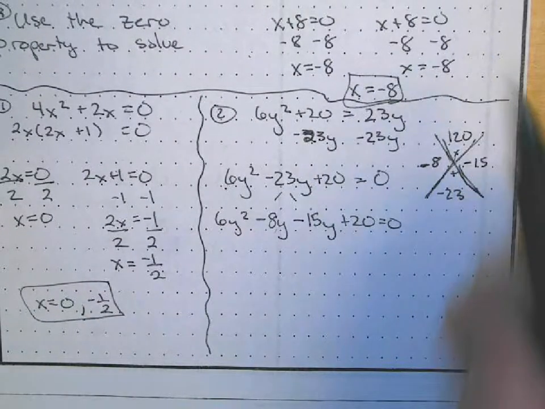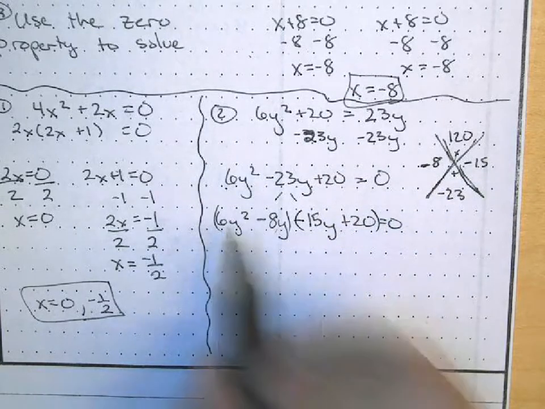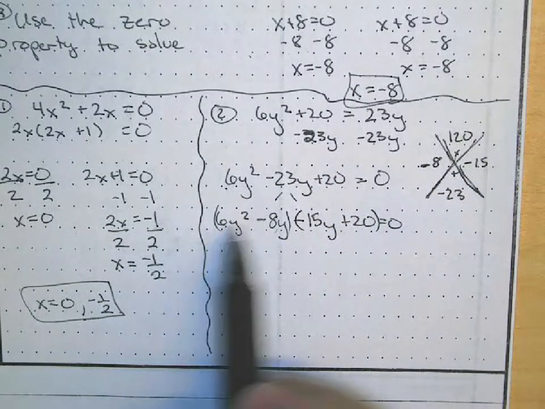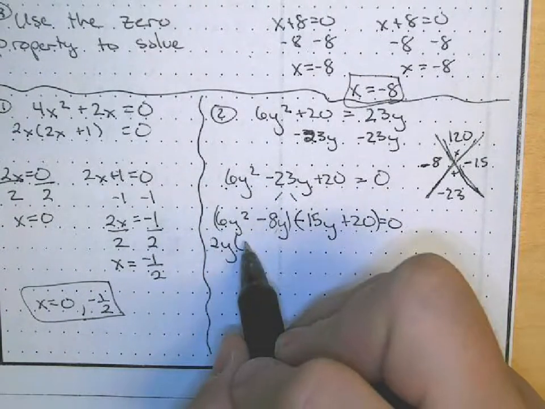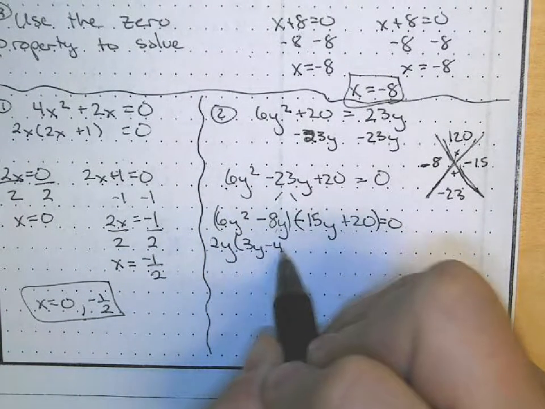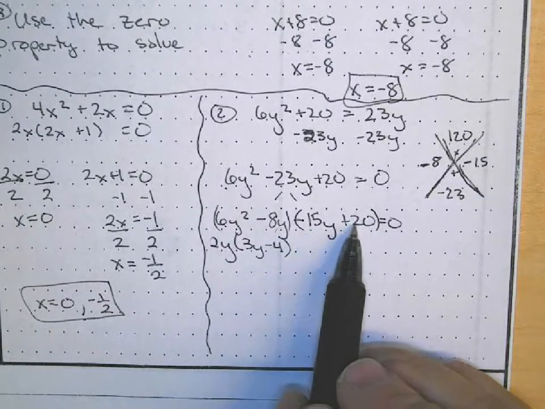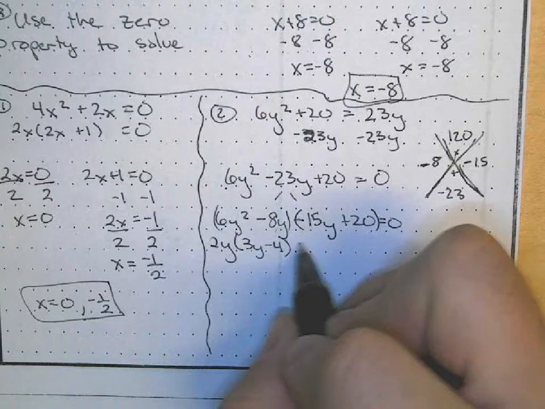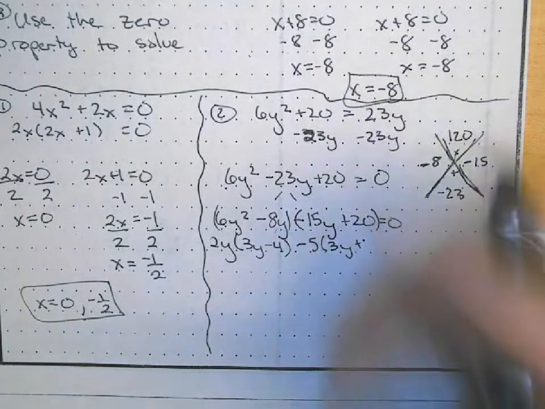I will factor by grouping. The common factor in 6y squared and negative 8y is 2y, and I'm left with 3y minus 4. The common factor in negative 15y and positive 20 is a negative 5, and I'm left with 3y minus 4.